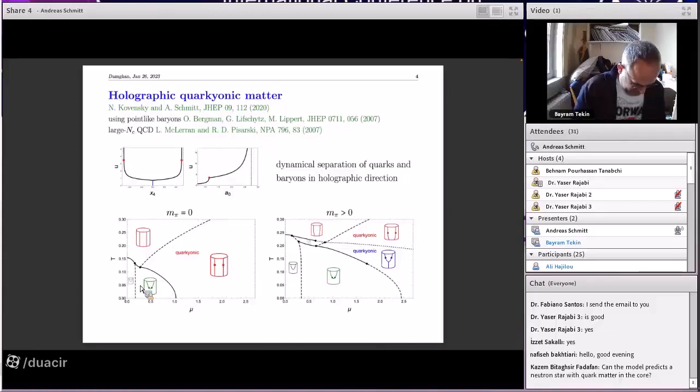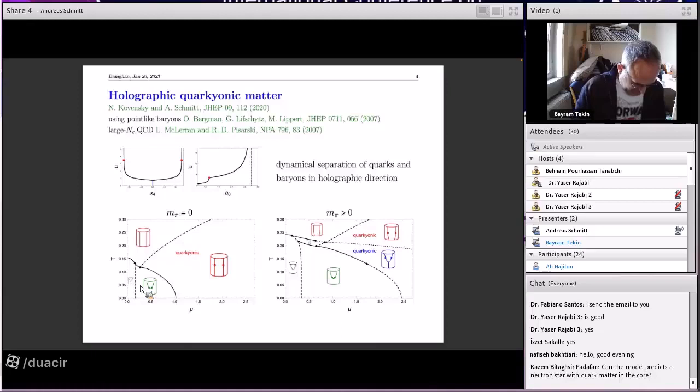But the point is, in this model, the problem is that this transition is at extremely high densities. So if I use this model, I guess in all versions that I know of, the transition to quark matter would be at densities beyond neutron star densities.